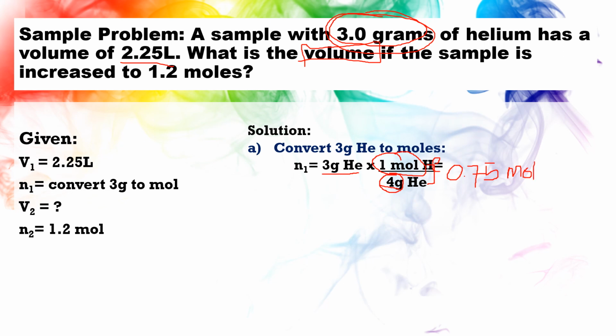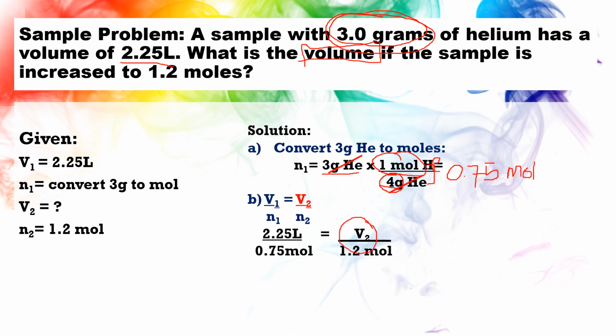So we are now ready to solve for the final volume using the formula. V1 over N1 is equal to V2 over N2. V1 is 2.25 liters over N1, which is 0.75 moles, equals V2, the unknown, over 1.2 moles. To solve for V2, cross multiply, so that will become V2 times 0.75 moles is equal to 2.25 liters times 1.2 moles.